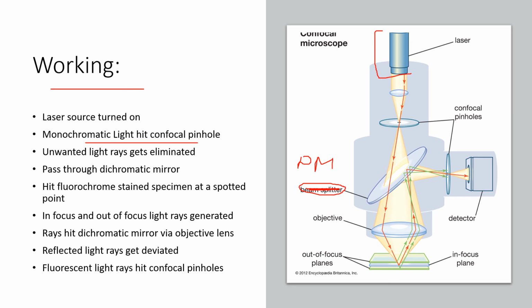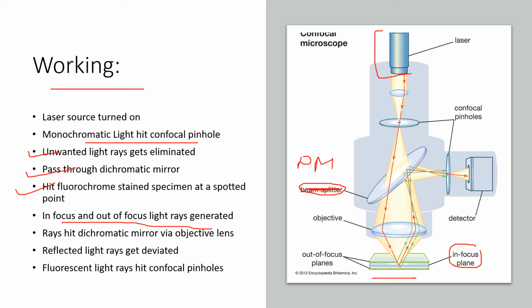Of course, the confocal pinhole removes all the unwanted light rays, and then they pass through the dichromatic mirror, and finally our fluorescent stained specimen gets hit at a spotted point. We only need to care about the in focus plane. All the out of focus planes that are generated need to be eliminated.